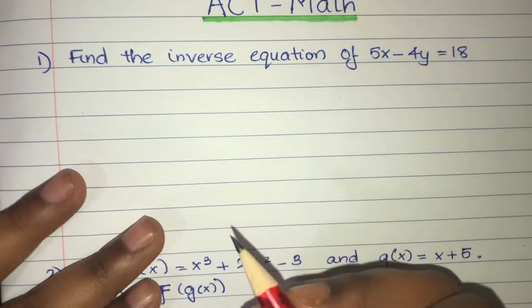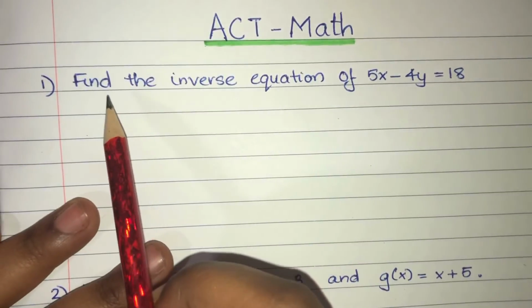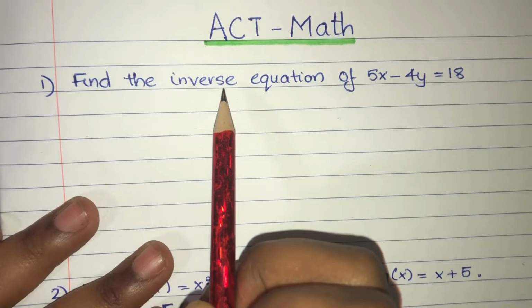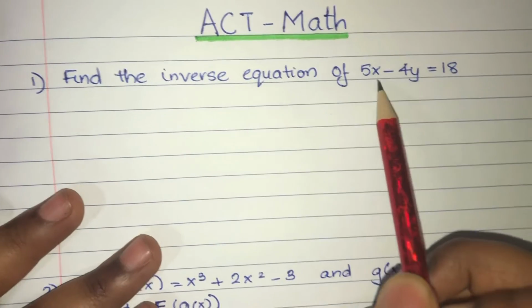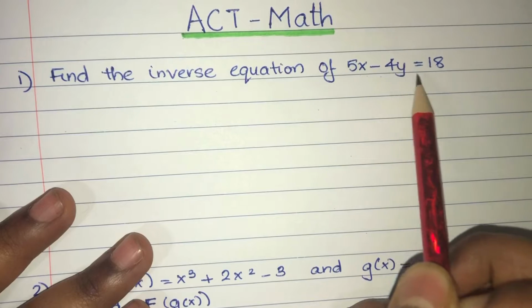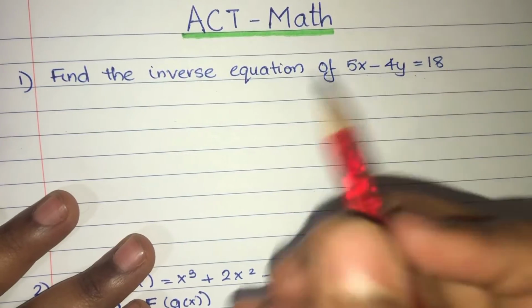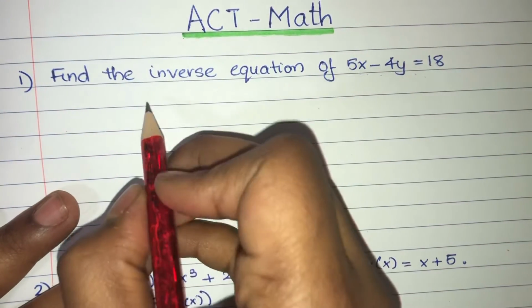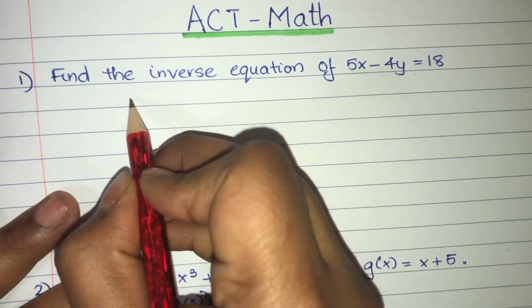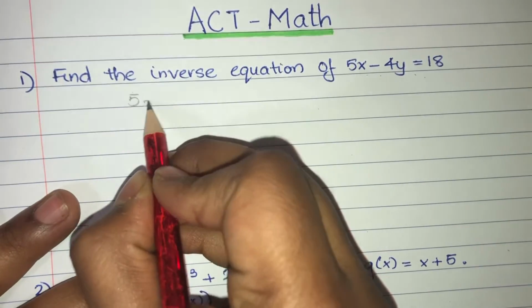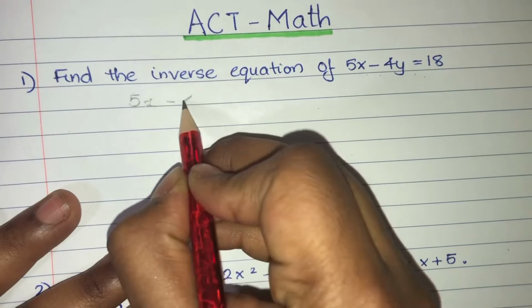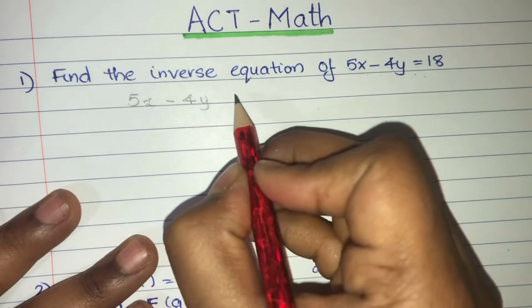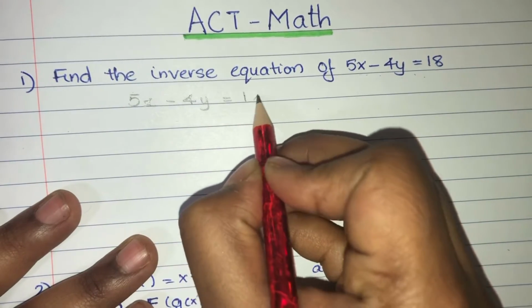So let's get started. The first question is, find the inverse equation of 5x minus 4y is equal to 18. So let's start. First we'll just write the equation: 5x minus 4y is equal to 18.